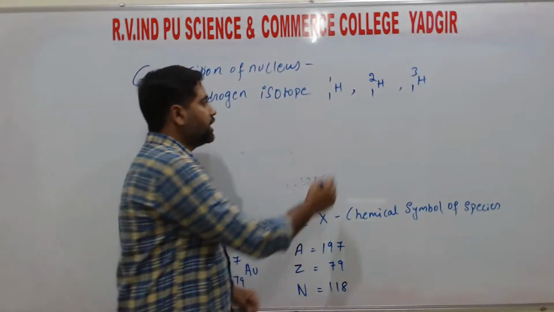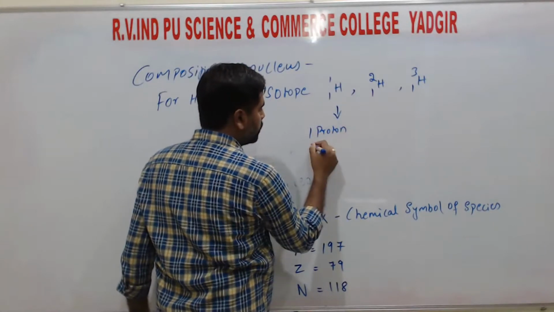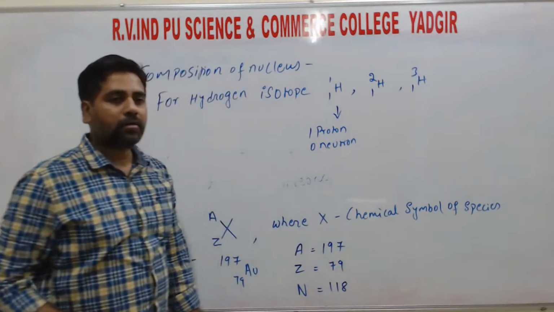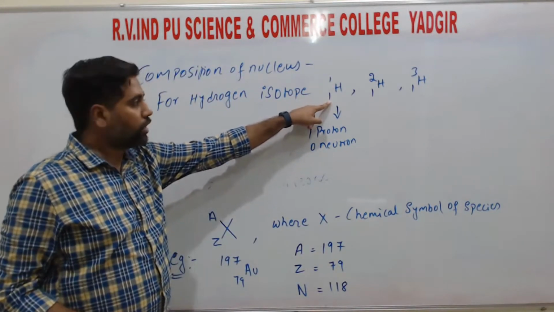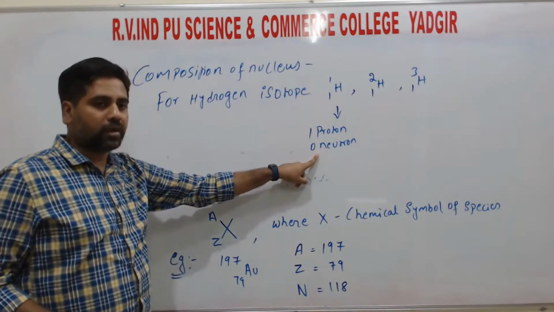So for the first, mass number A is 1 and Z is 1. So N is A minus Z, that is 1 minus 1, we get 0, right?